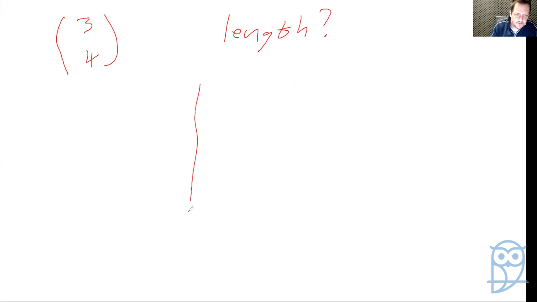All right. So if we have a vector, and this vector is, say, 3, 4, and I say to you, what is the length of this vector? Well, let's have a quick drawing of it. Y, X. Now, we need to draw 3, 4.